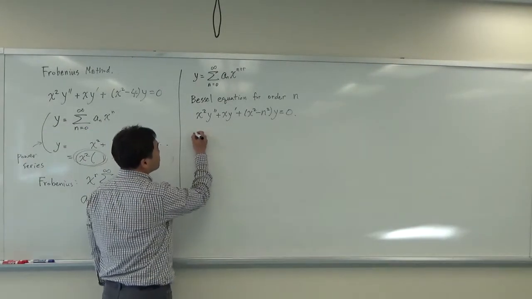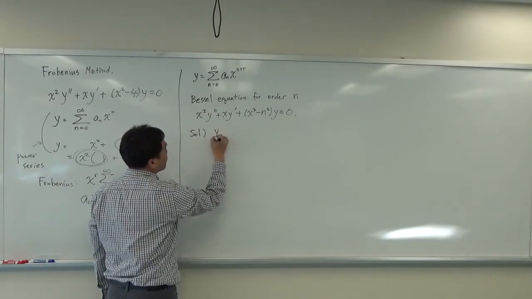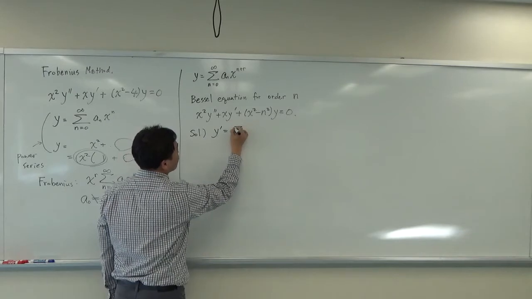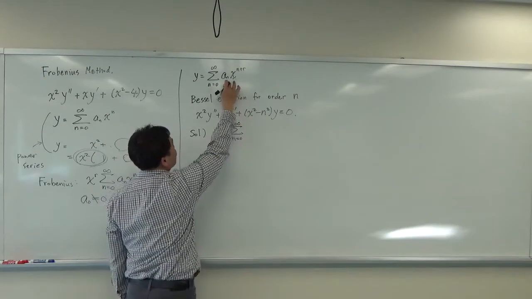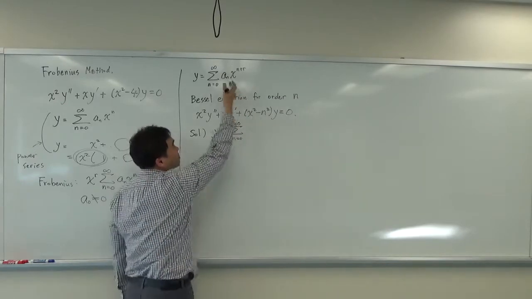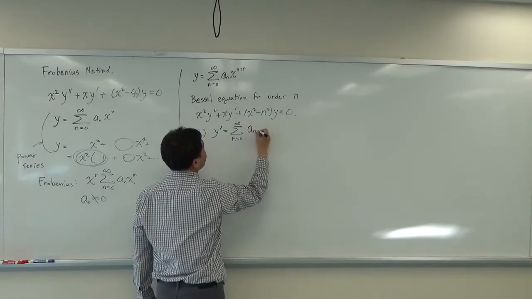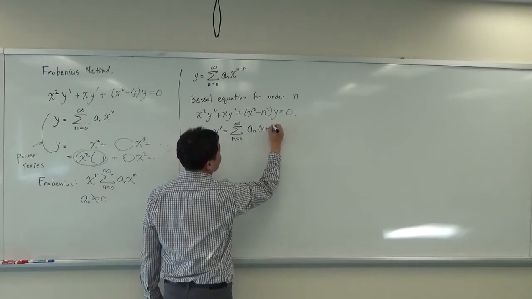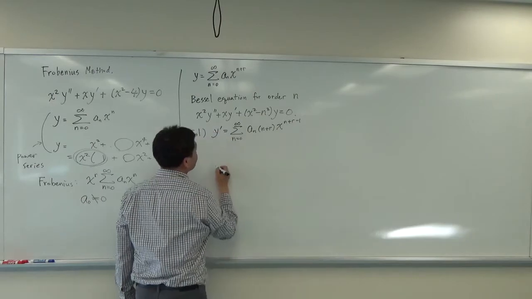Okay, solution. Well, we have our y. Let's find the y prime. And as we did last time, it's nothing different. You just differentiate. So if you differentiate x to the n plus r, that will be a_n times (n plus r) times x to the n plus r minus 1.